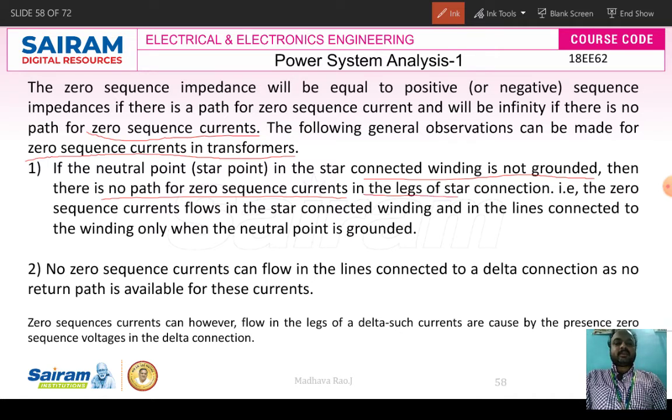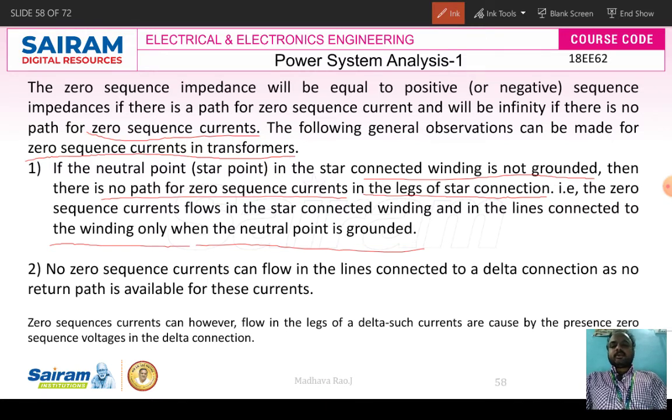Zero sequence current flows in the lines connected to star windings only when the neutral point is grounded. When the neutral point is not grounded, zero sequence current will not flow. So when ground is there, zero sequence current will be there in the transformer; when ground is not there, it will be absent.